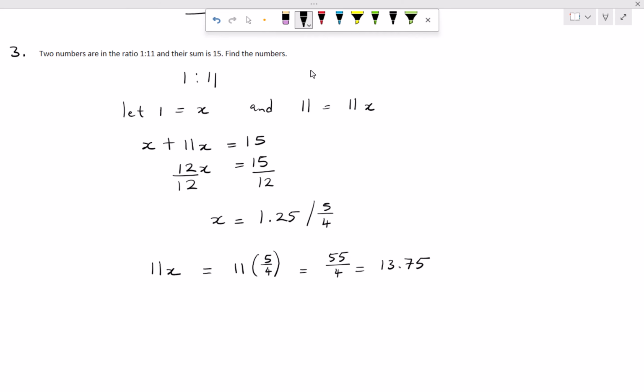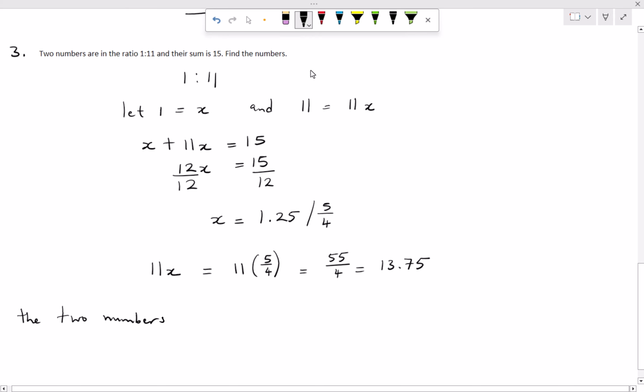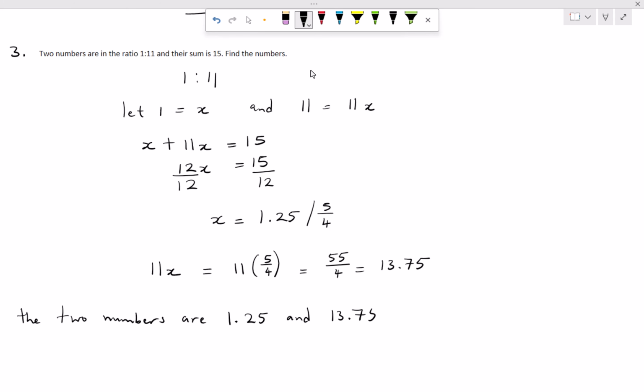Now, the two numbers are 1.25 and 13.75. And if we add these two, you can see 1.25 plus 13.75, we get 15. So our solution is correct.